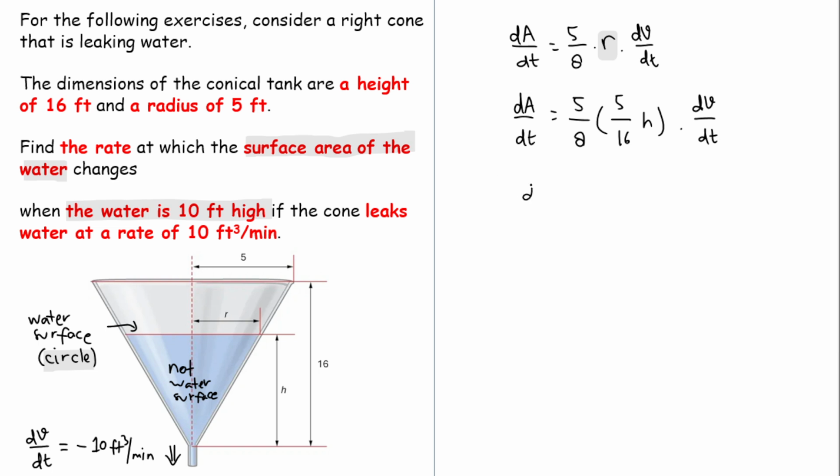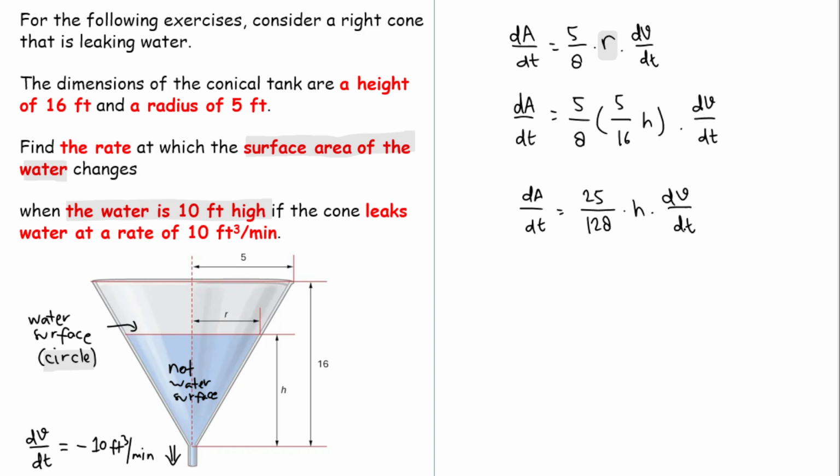So we have it: dA/dt here is equal to 25, and then 16 multiplied by 8 is 128, and then multiplied by h, and then multiplied by dV/dt.